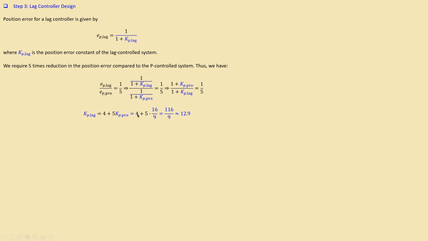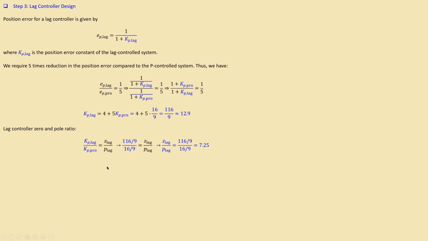Now, the lag controller zero and the lag controller pole have a specific ratio, which is determined by our reduction in position error. The formula is as follows. The ratio of the position error constant of the lag controller to the position error constant of the proportional control will be the ratio of the lag zero and the lag pole.